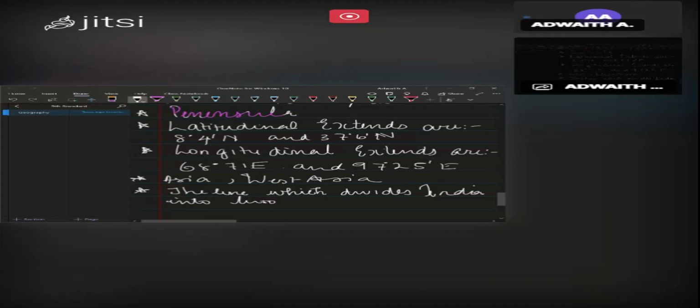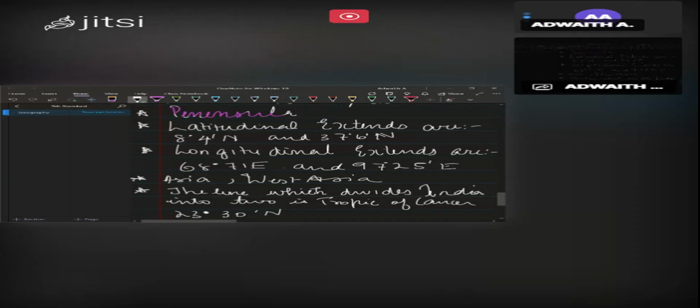That is the Tropic of Cancer, 23 degrees 30 minutes. This symbol, everyone knows, right? This is not a point. This is degree. That is the strategic location of India.